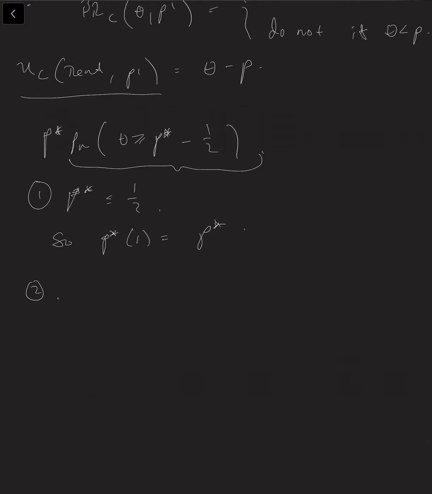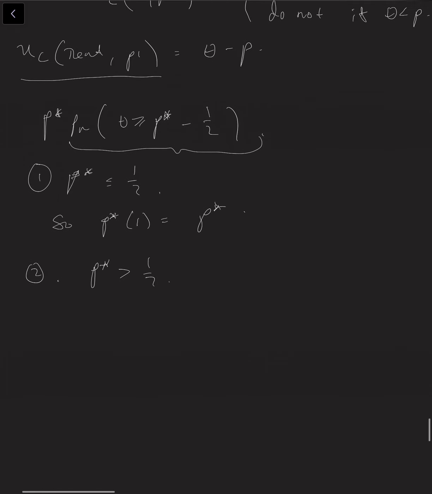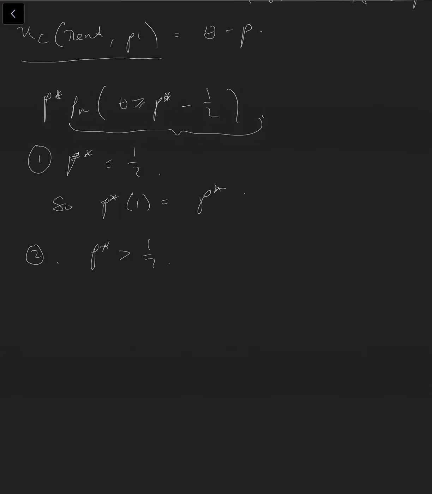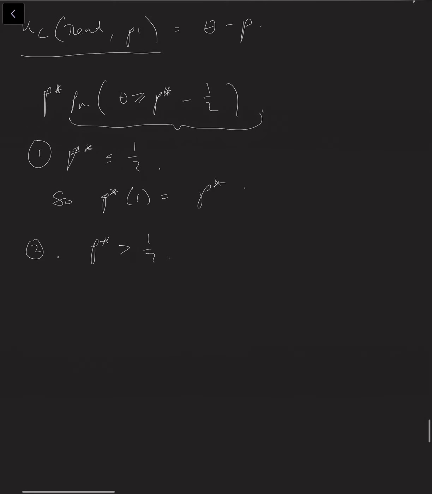We have another case, however, where P star is greater than half. It's greater than half, but it's less than 1, obviously. So in that case, we would have P star, and then this expression would just be a well-defined CDF, and we get 1 minus.